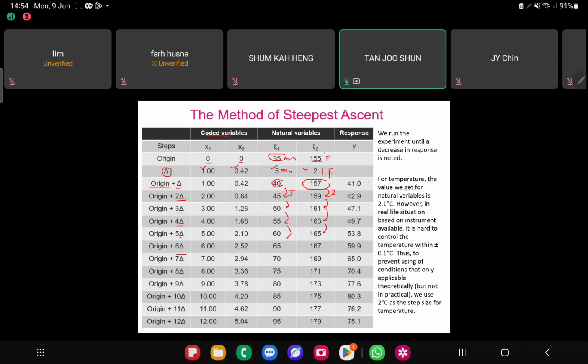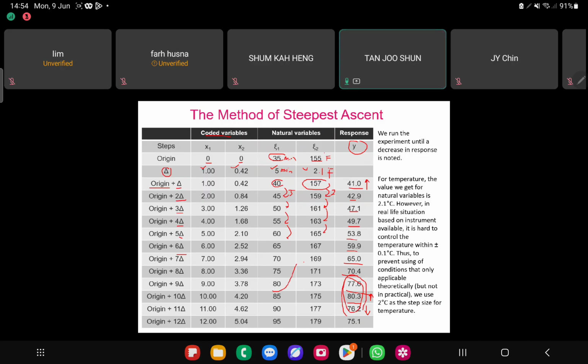And then after you do the experiment, you do the analysis. Let's say after you do the analysis, the sugar content keeps increasing until a stage where it starts to drop. Your response keeps on increasing until a stage where the sugar content decreases. Okay, this will be your range for your optimization.